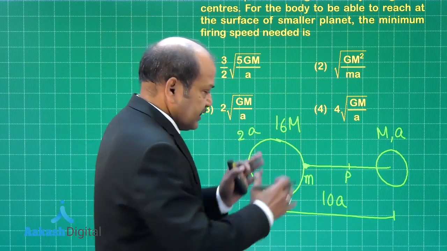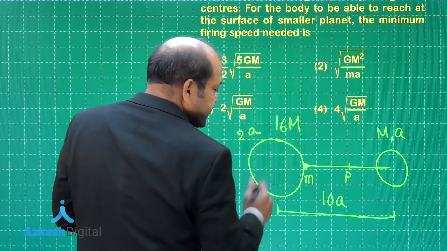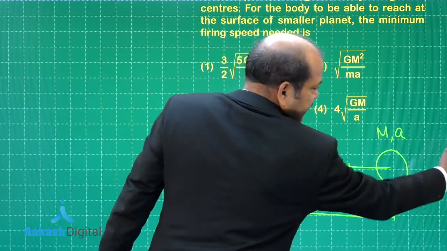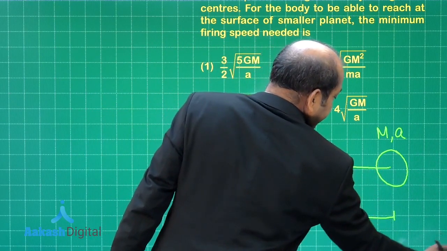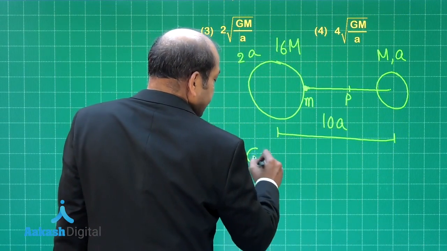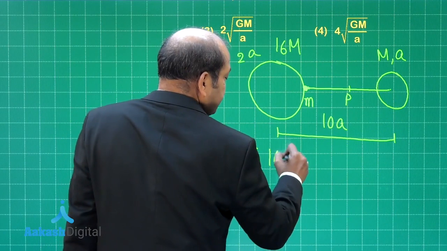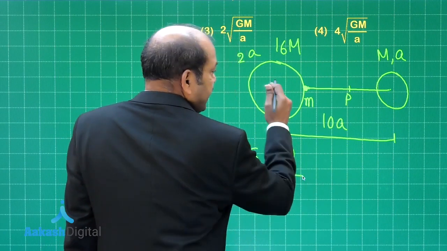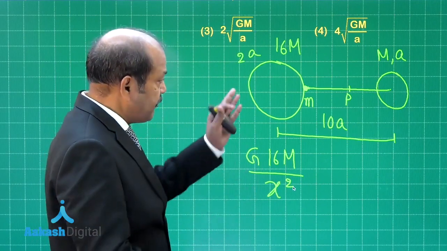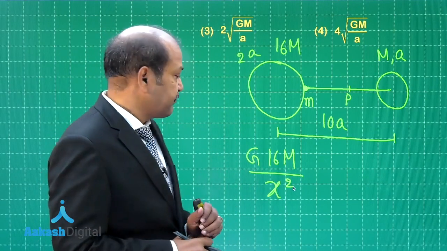So, what is the distance of point P from the center of the first one? Let us assume that the distance is x, and since the field there is 0, we have the equation capital G into 16M divided by x square, if x is the distance of point P from the center of the first sphere.